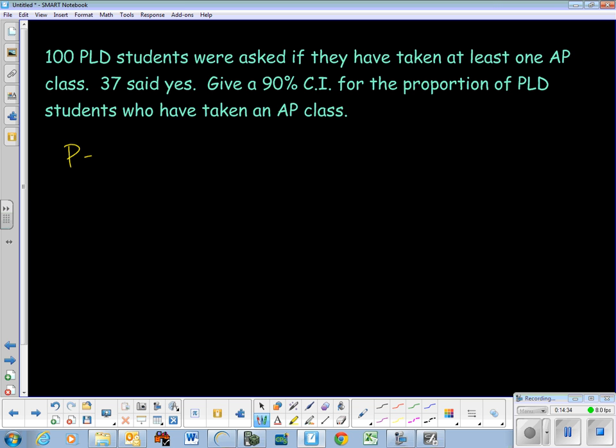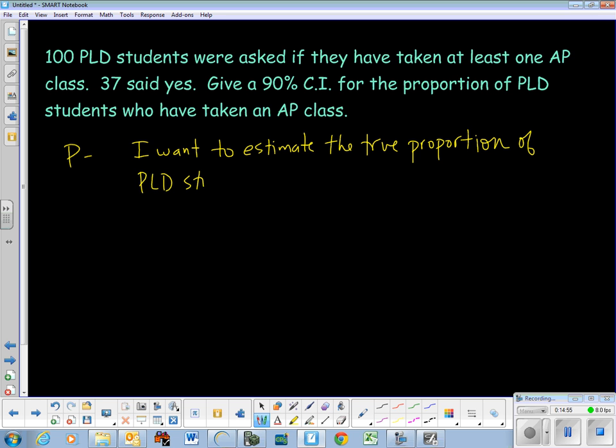I want to estimate the true proportion, true just for emphasis, you don't really need to say true, I guess, of PLD students who have taken AP. All right.